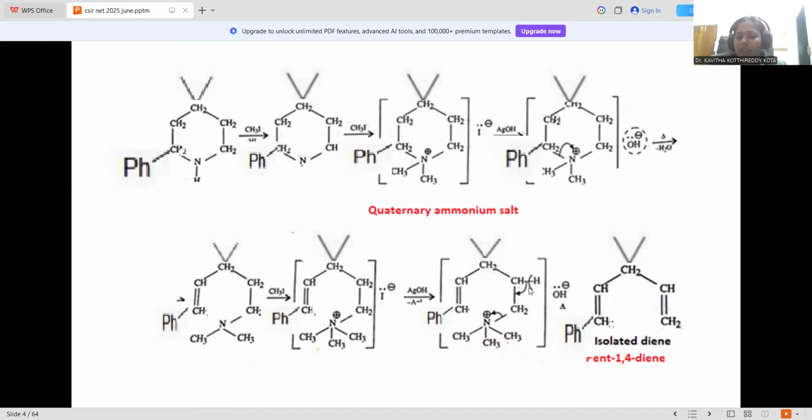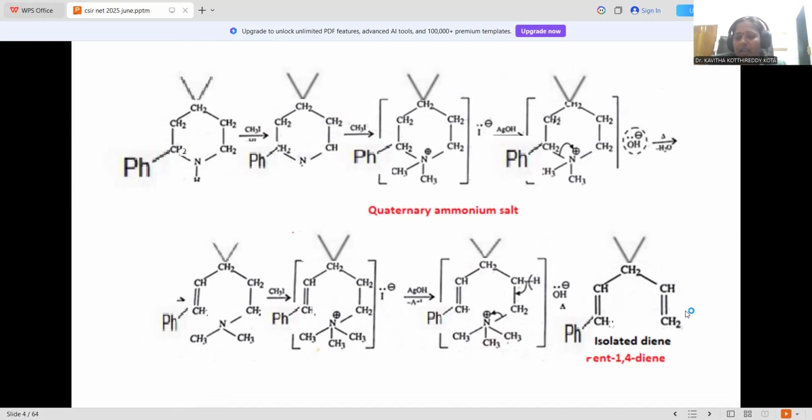Here the beta hydrogen is very essential for the Hofmann exhaustive methylation process, so that a double bond is generated in between and the beta hydrogen is eliminated, and here you can experience one more double bond. So the double bonds located there are called isolated. They are not exactly in conjugation.